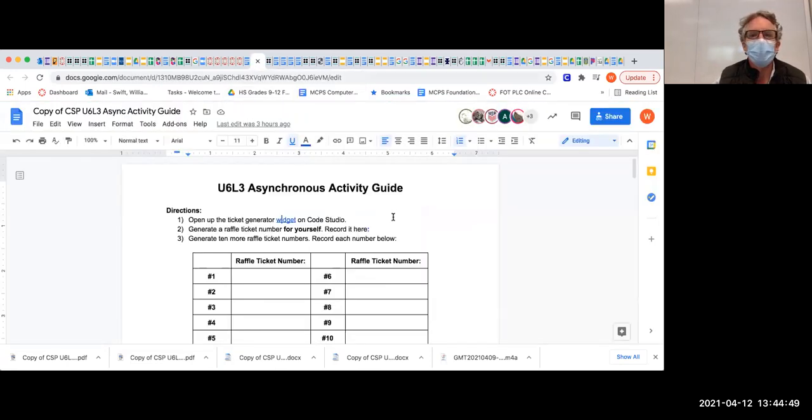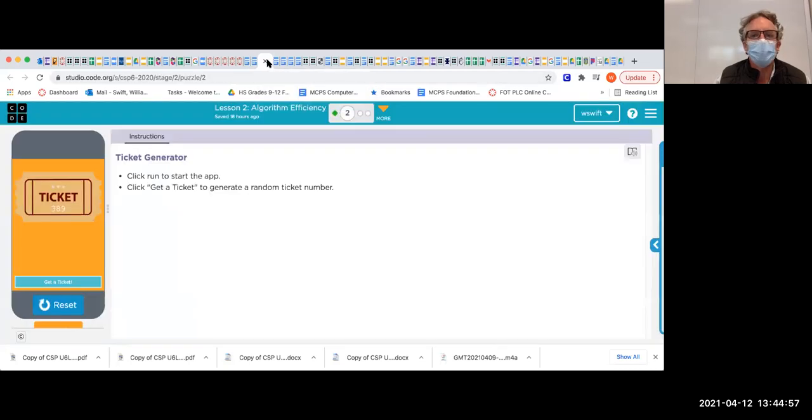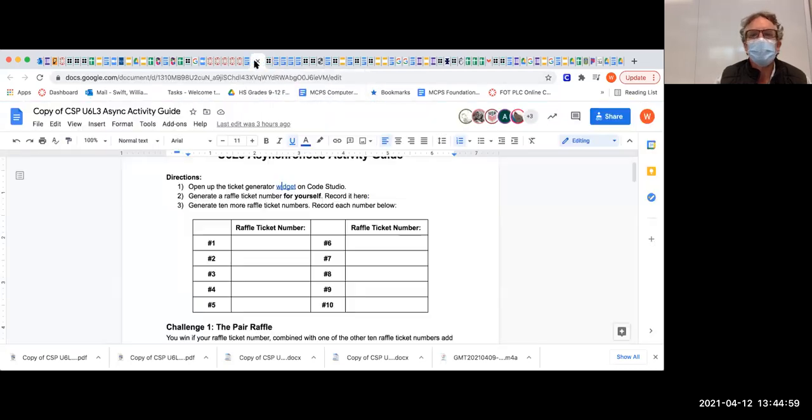I come back to my worksheet and it says, generate a raffle ticket number for yourself. Record it here, right? What was my number? 389. Okay, I can type that right in here, but I don't want you downloading mine. So then generate 10 more raffle ticket numbers, record each number below.